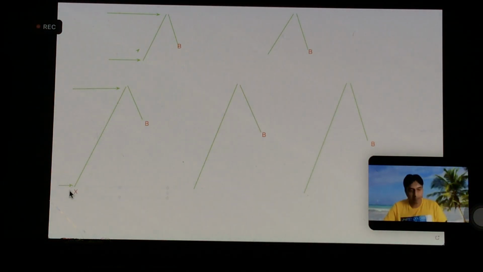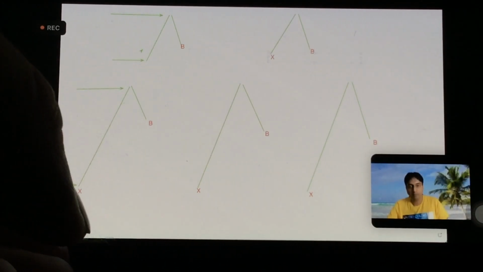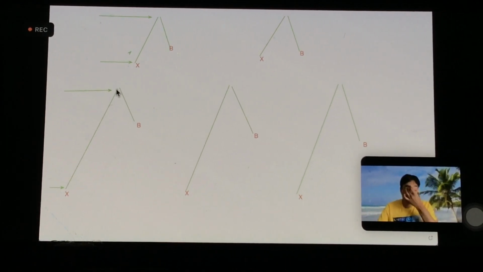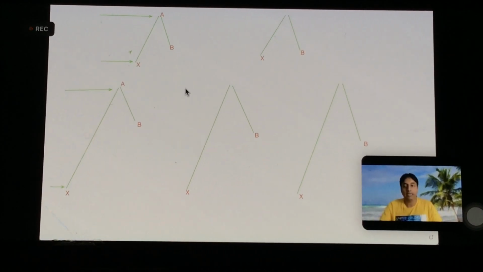This is X. And this will be A. This will be A. Right?